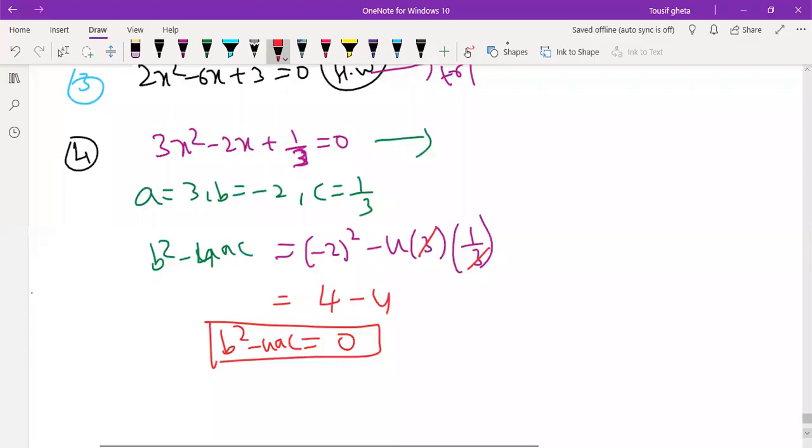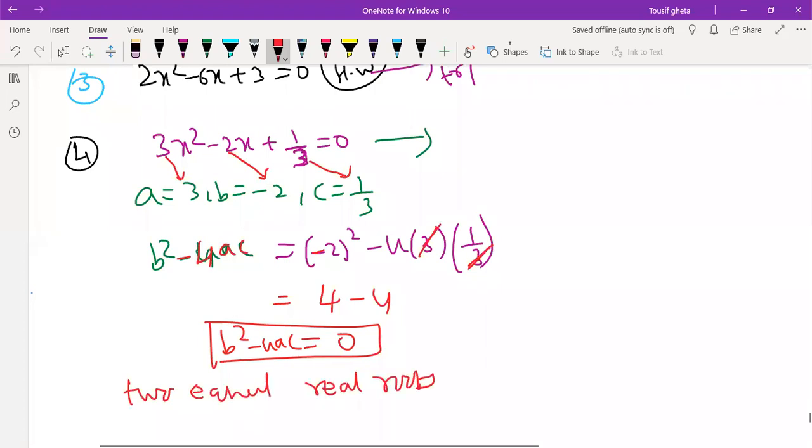So here a is equal to 3, understood, b is equal to minus 2, c is equal to 1 by 3. Apply the discriminant b square minus 4ac. b square is minus 2 square minus 4 into 3 into 1 by 3. 3 will get cancelled, remaining minus 2 square, 4 minus 4, 0. So you will write 2 equal real roots.